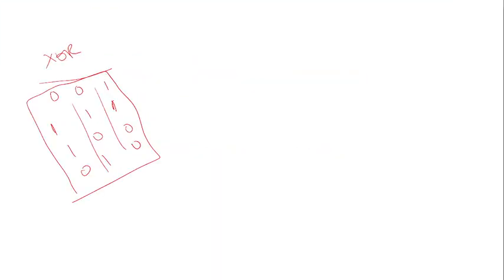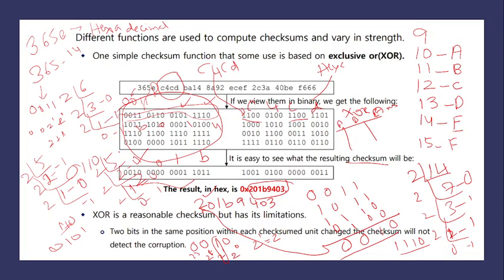When we observe here, this is the data which is converted into binary digits, and this is the checksum, and when it is converted to hexadecimal. So this is a particular block, this is D1 and this is D2. This D1 has a checksum, this one, and the D2 has a checksum, this one.